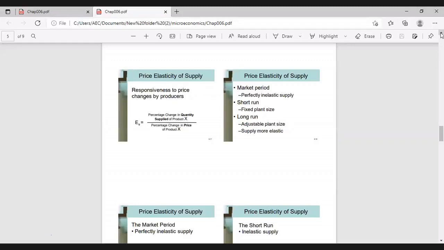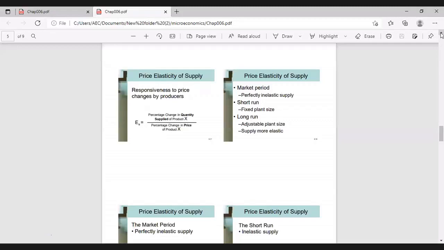In the long run, they have enough time, so all the inputs can change. There is no fixed input. He has enough time to buy land and machinery and use more other inputs. So in the long run, he can adjust, and the supply is more elastic.